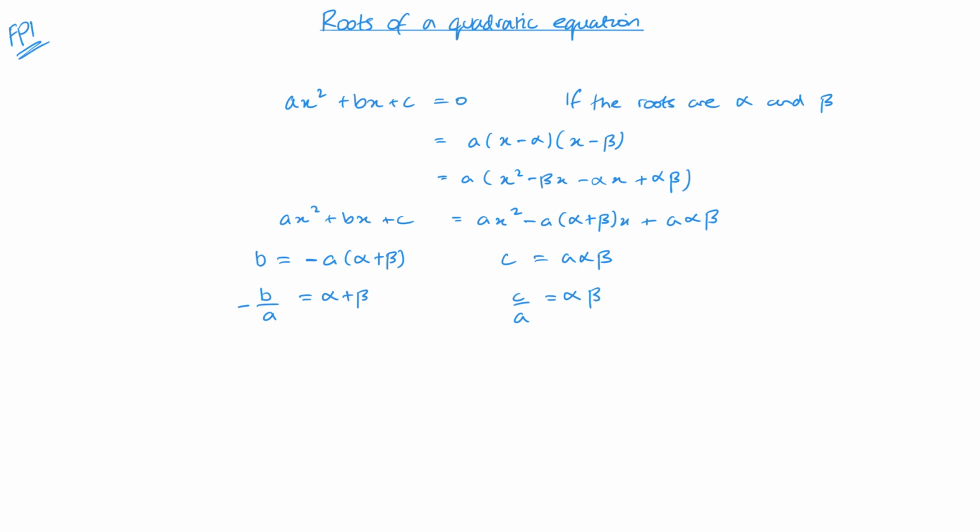So those alpha plus beta and alpha times beta are still important, still like before, but this time we just have that coefficient of a in there as well. So using what we talked about before, the sum of the roots will be minus b over a, and the product of the roots will be c over a.